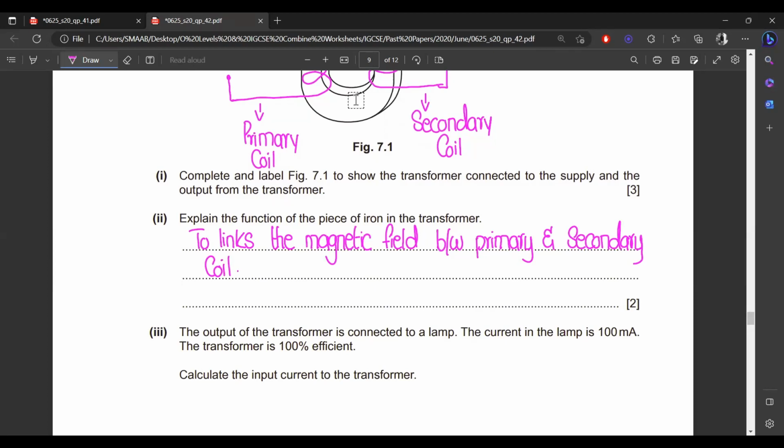And one more thing we need to mention, efficiency? Yes, because it has higher efficiency. So better induction or efficiency will be greater.